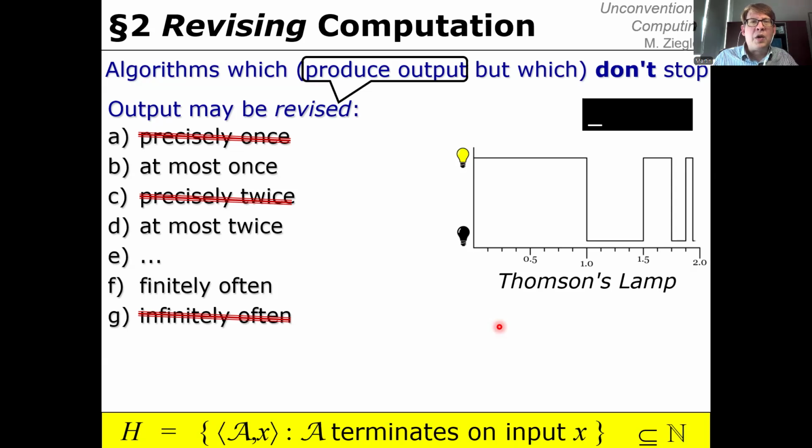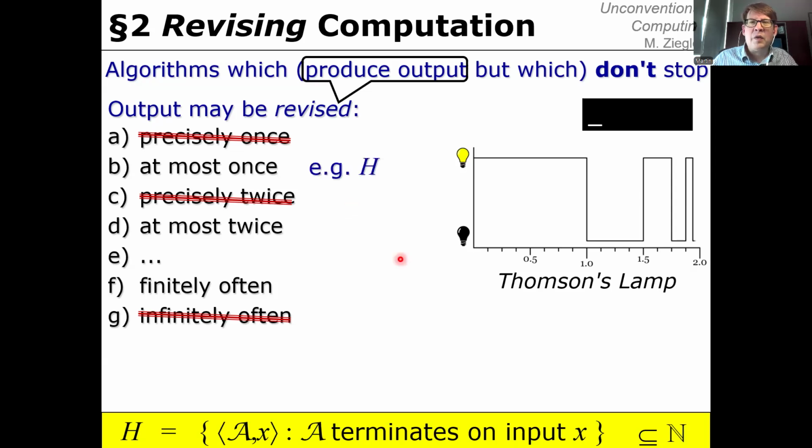However, when we allow an algorithm to make at most one revision, zero or one revision, then such a simulation by a terminating algorithm does not work, because a terminating algorithm would be waiting for that revision to happen, but it may never happen, because we allow for at most one revision. So that means that the simulating algorithm will never terminate and will not be a terminating algorithm. We cannot simulate an algorithm allowed at most one revision by a terminating algorithm.